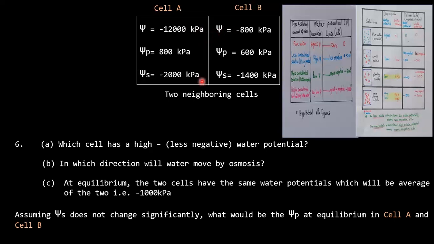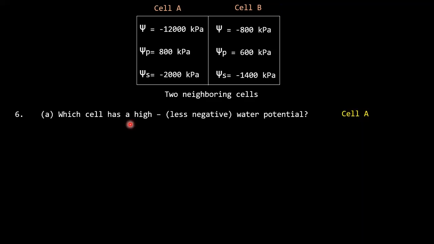The average will be 1,000. That's how the water potential of the 2 cells is worked out. And the question is, assuming the solute potential does not change significantly, what will be the pressure potential at equilibrium in cell A and cell B? So let's get to answer the questions.